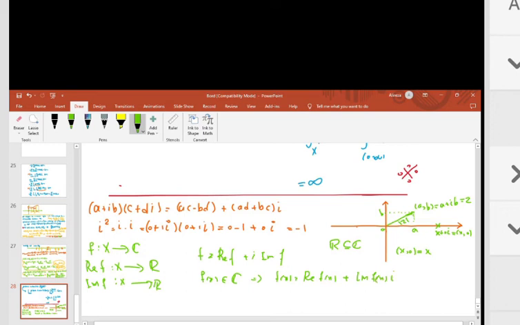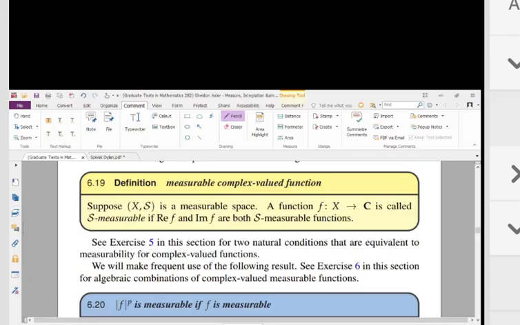Okay, and we found this real and imaginary part. These are real functions, and we know the definition of measurable real valued functions. We use this definition if these two real valued functions are S-measurable.